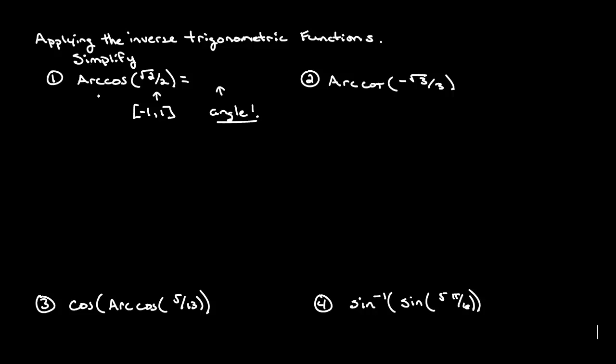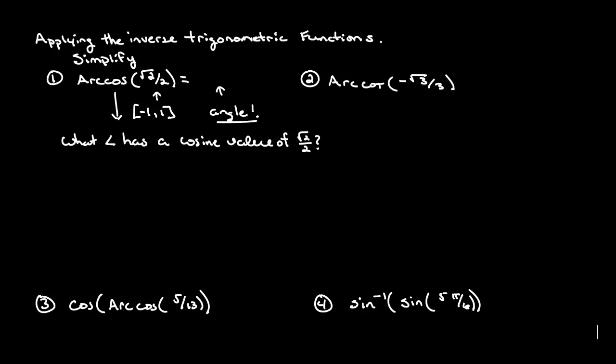Another way of stating this in words is, what angle has a cosine value of square root of 2 over 2?